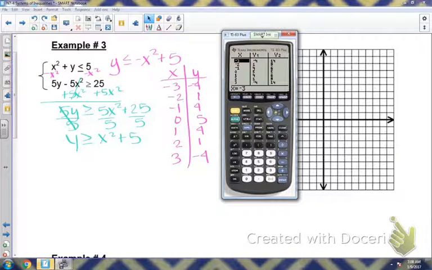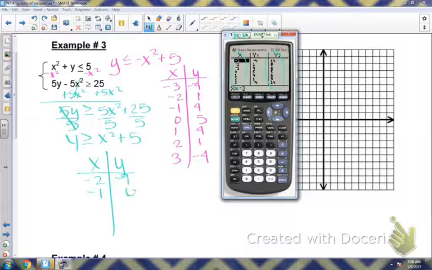Now when you're looking at your second one, we're using these x values and then the Y2 y values. Okay? -2, 9, -1, 6, 0, 5, 1, 6, and 2, 9.